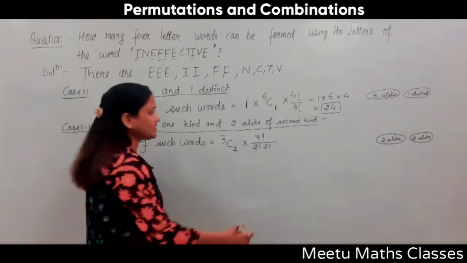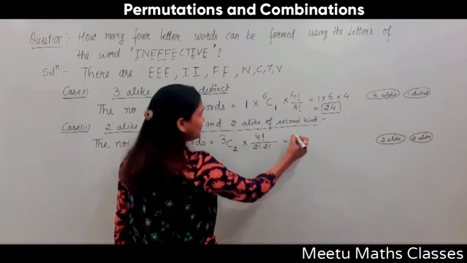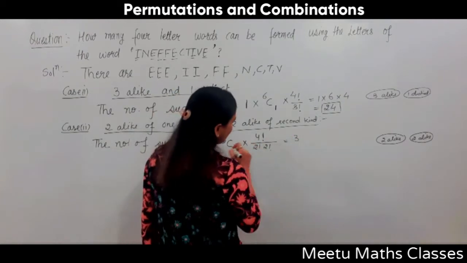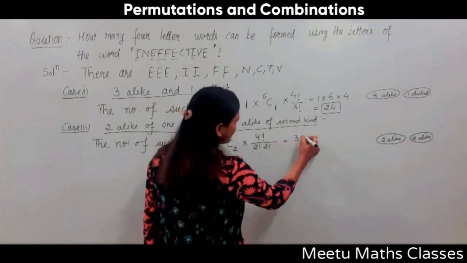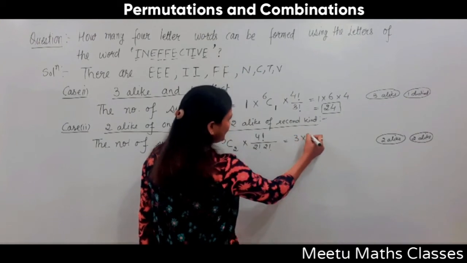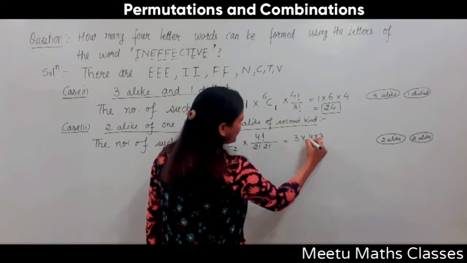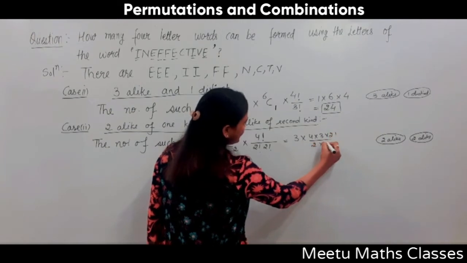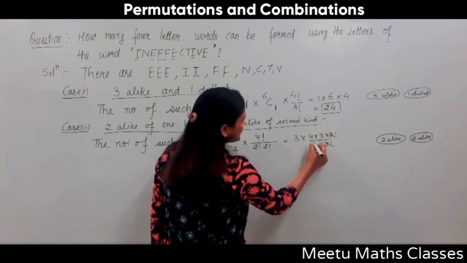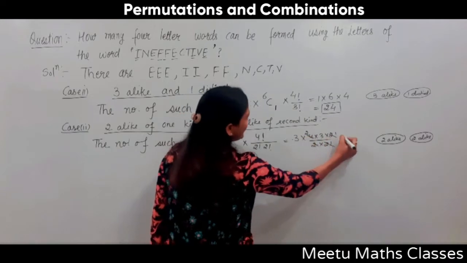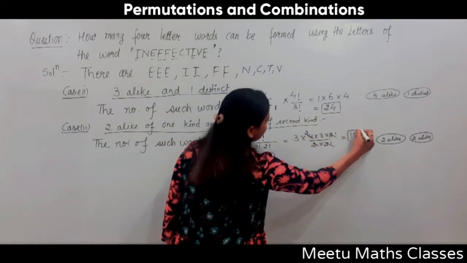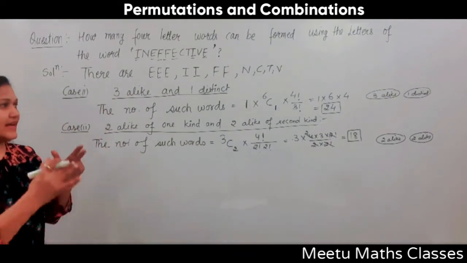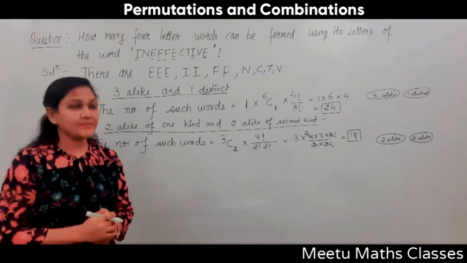And this will be equal to 3C2, which is 3, and 4 factorial can be written as 4 into 3 into 2 factorial, over 2 factorial. So it will be equal to 18. So 18 such words will be there in which 2 are alike and 2 are alike.